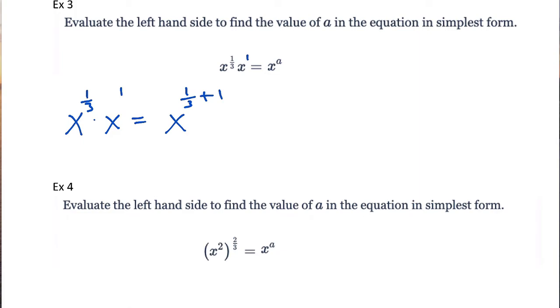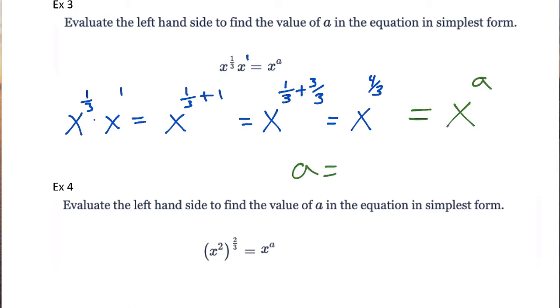Remember with fractions, we can't just add those together. So 1/3 plus 3/3 gives x to the 4/3. If that's supposed to be equal to x to the a, then a must be 4/3. That's the answer, and it's in simplest form because it's reduced.